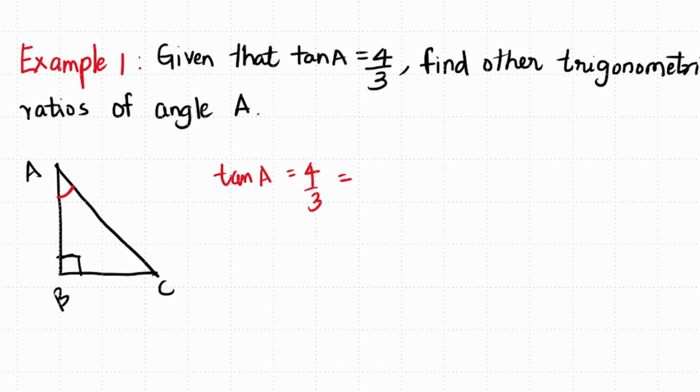What's the tan formula? It's opposite side by adjacent side. With respect to A, BC is the opposite side, so we write 4 over here, and the adjacent side is AB, which is 3.